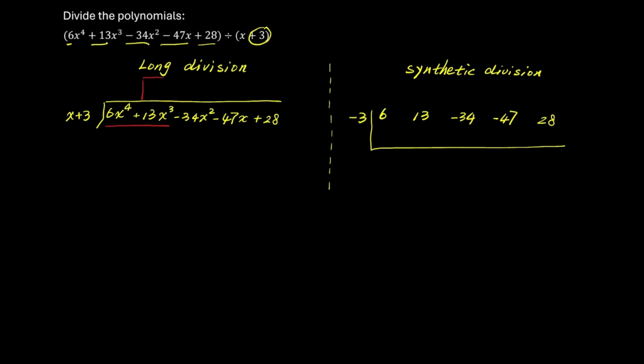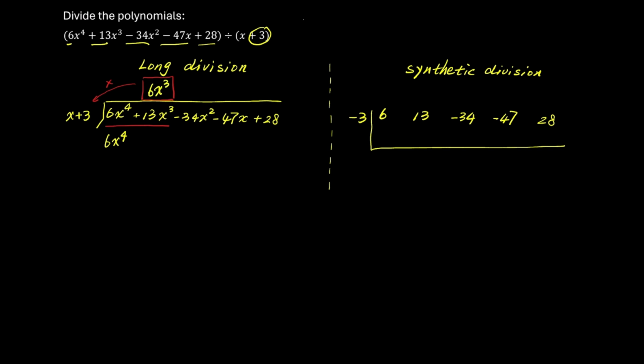We need to find a term here that when multiplied by this x plus 3, we get a binomial whose first term is this 6x to the power of 4. So later when we do subtraction, this term will be eliminated. You can see that the term here should be 6x cubed.